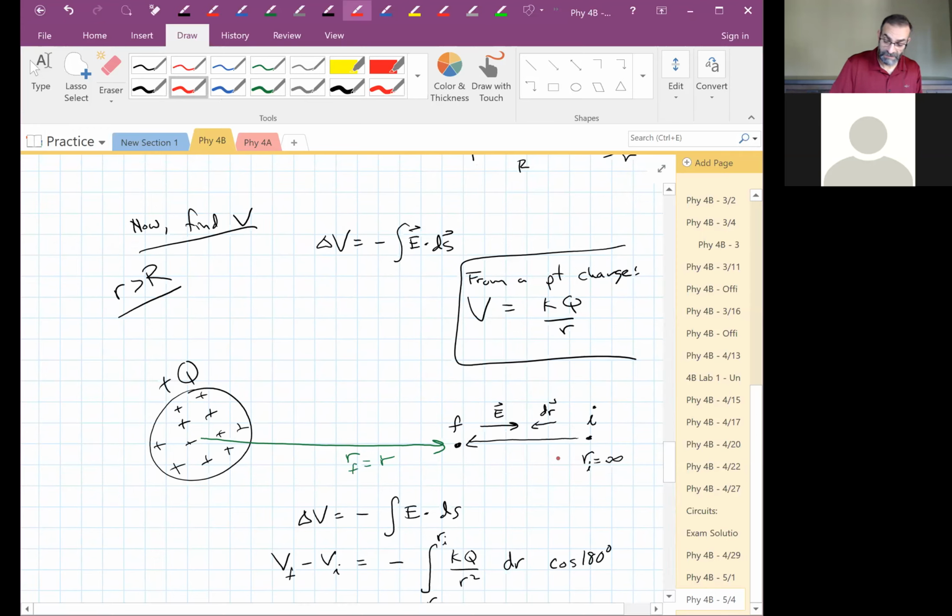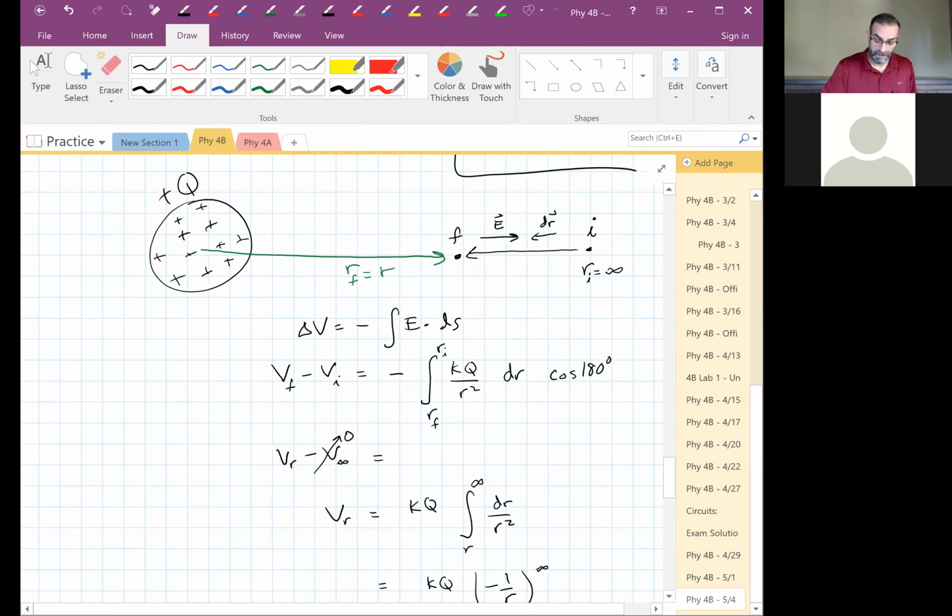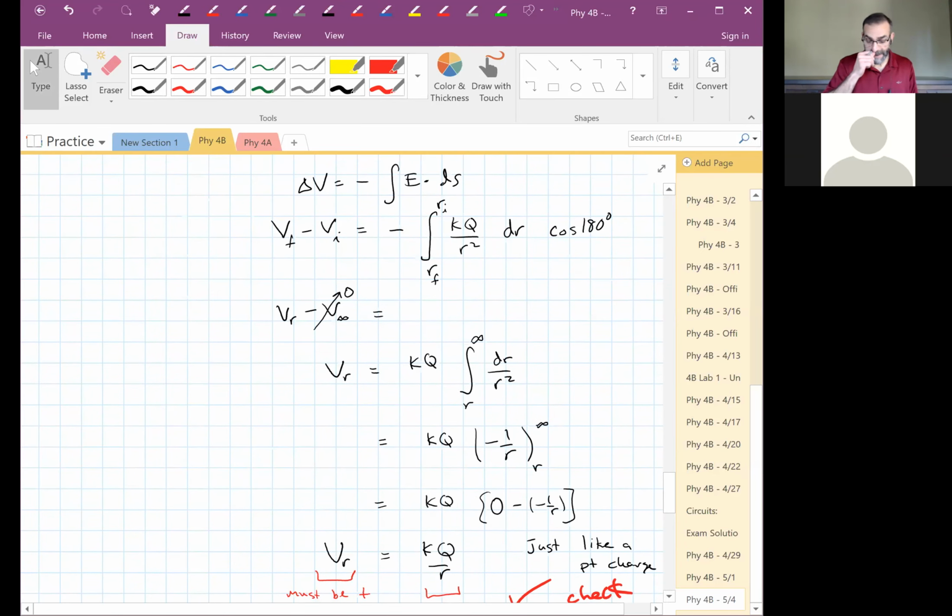We started at infinity and we're working our way in towards some other location, so dr points in that direction. E points radially outward, so that's where that came from. The minus sign canceled, this is -1, this is -1, they canceled.